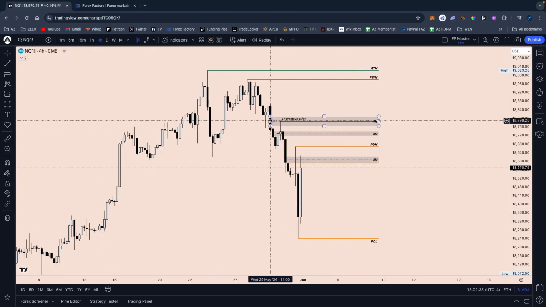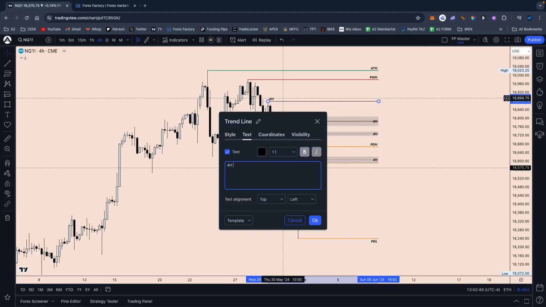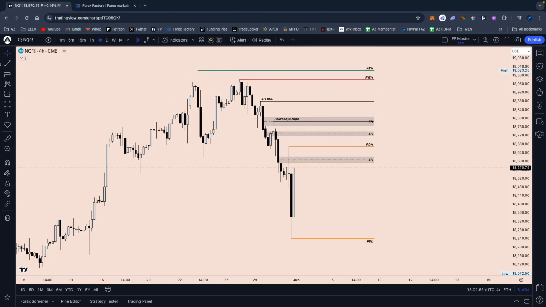Yeah, that's really all we need. In terms of buy side liquidity from the 4-hour time frame, no, let's remove that. We don't need that.